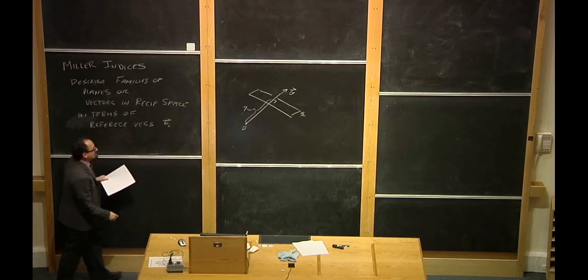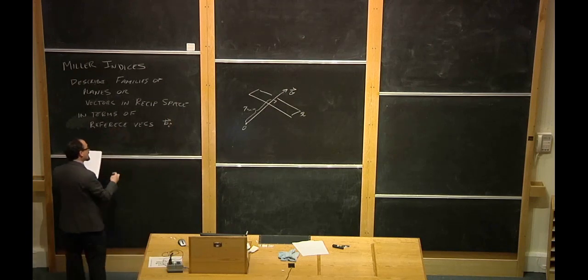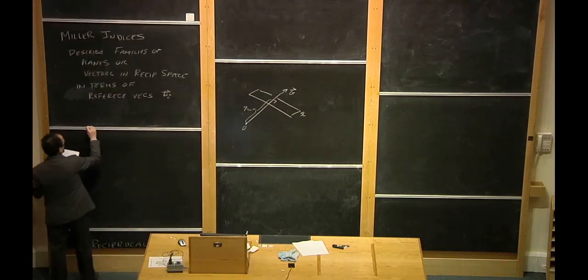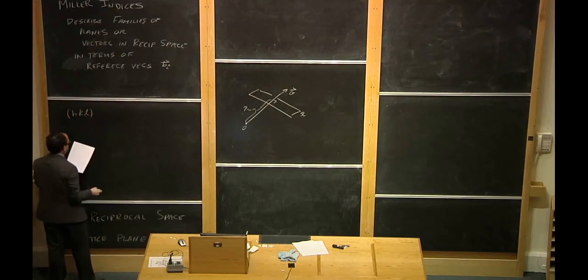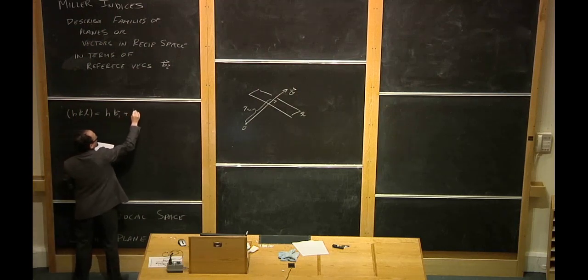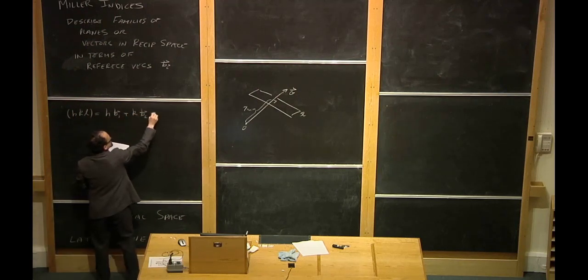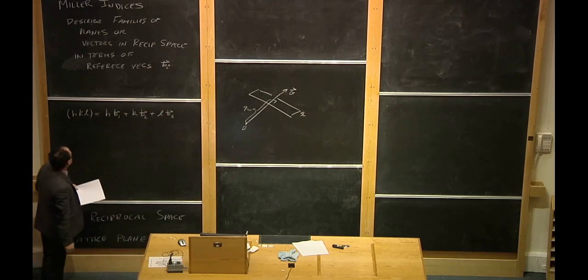These b sub i's, very important, may be primitive reciprocal lattice vectors, or they may not be. Generally, what we do is we write h k l in parentheses to mean h times b1 plus k times b2 plus l times b3. And this notation should look a little bit familiar.